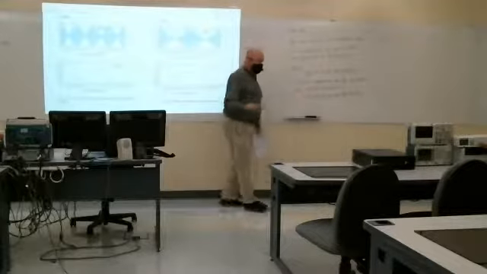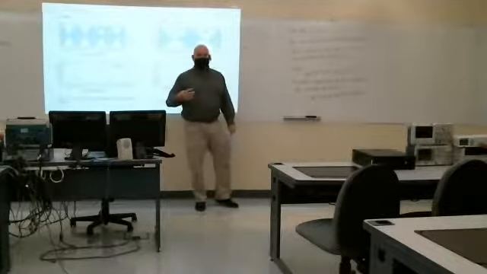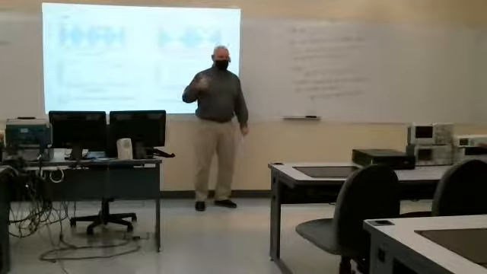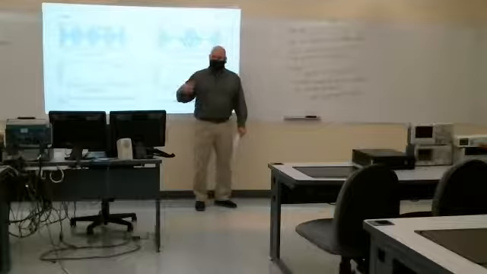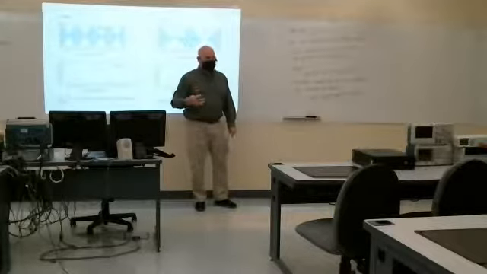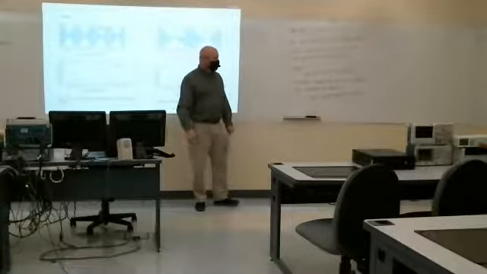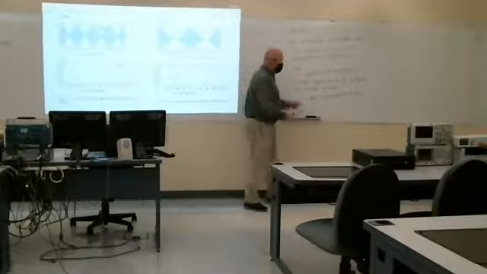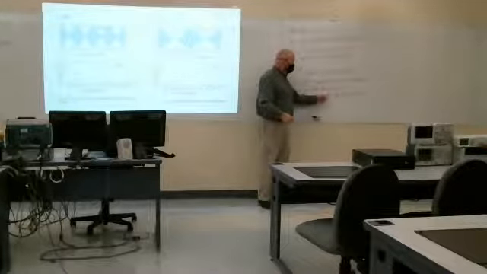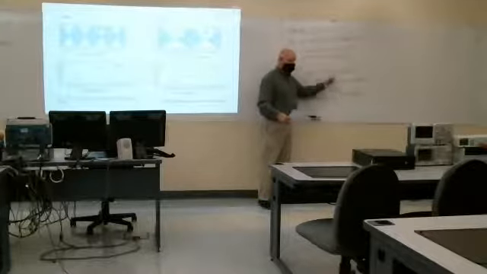And almost all of communications, you really only need one trig identity, and that's cosine A times cosine B. And that gives you 1/2 cosine of the difference plus 1/2 cosine of the sum. So we have that here. We have y_m has this cosine in it.